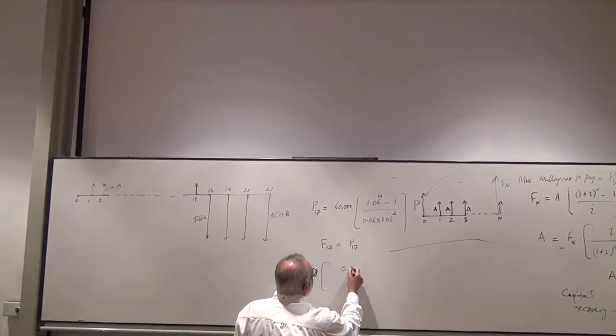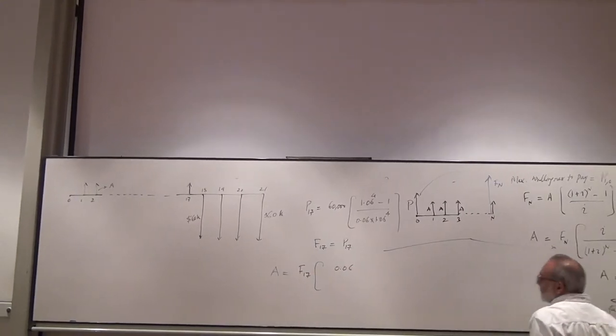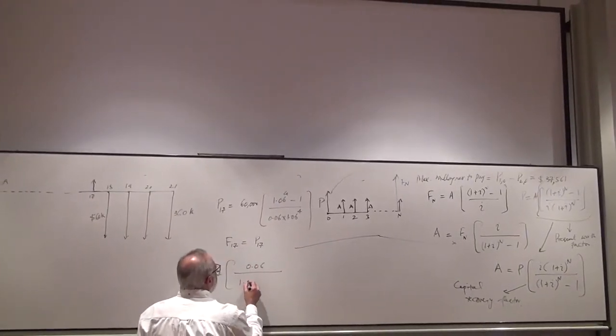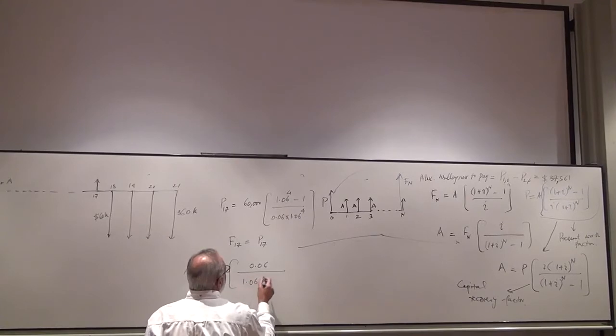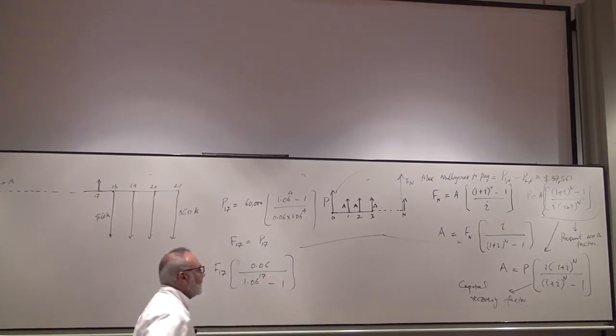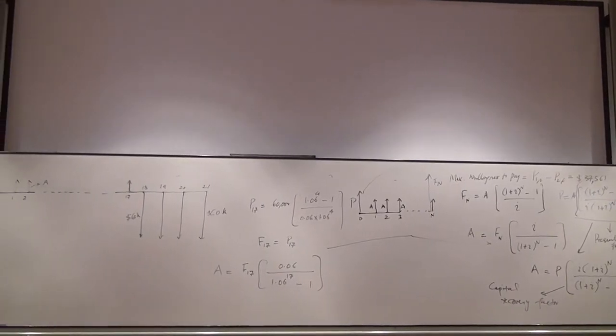I is 0.06. This is also called the sinking fund factor, within the bracket: 1.06 raised to power 17 minus 1. That will be your A value.